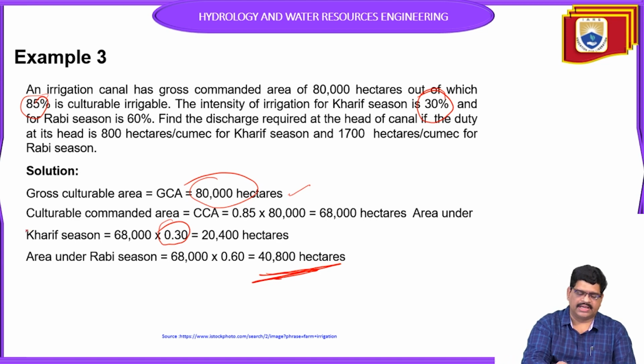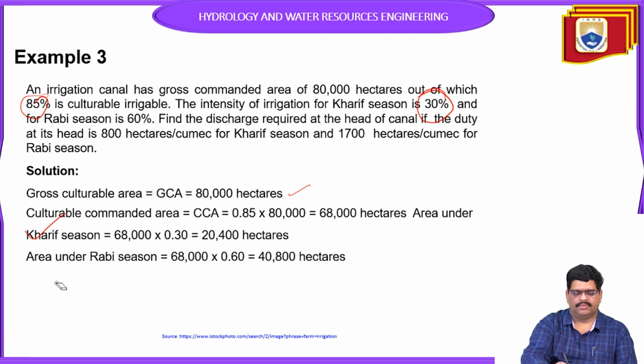We are bifurcating the Kharif season, a different percentage is given, and the Rabi season is also given different percentages. 68,000 into 0.60, that is equal to 40,800 hectares. That is to find out the total area.